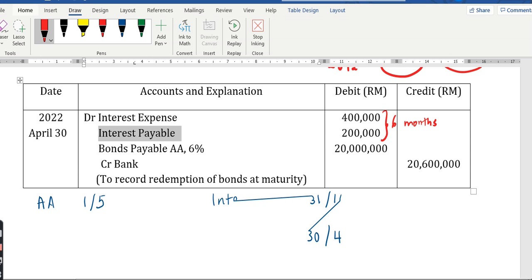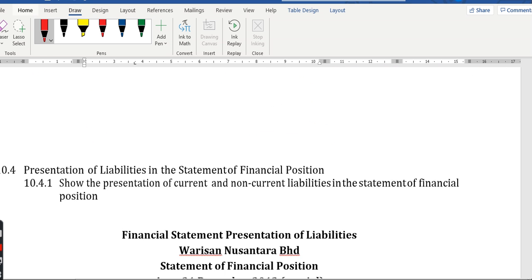One is in the form of interest expense, and the other is in the form of interest payable, because the interest expense was already declared during the closing of the date, on the 31st of December. So this is how you go about with the redemption of the bond.